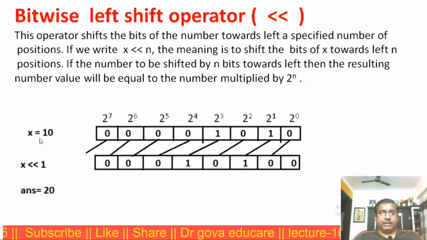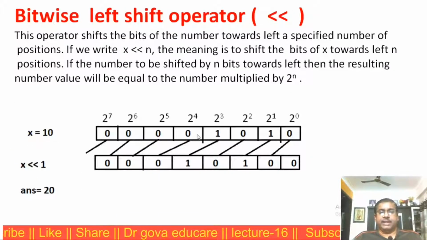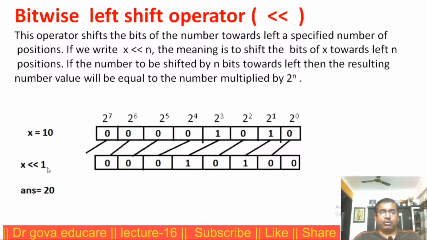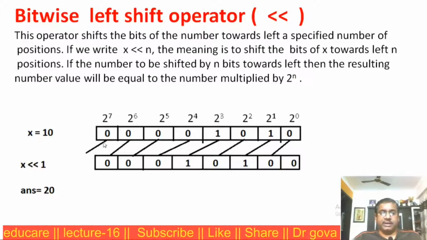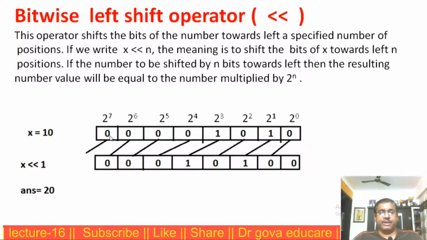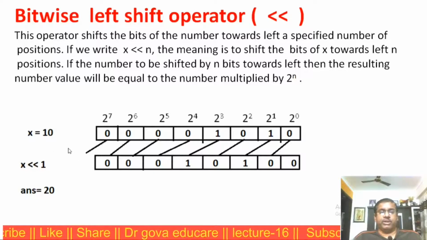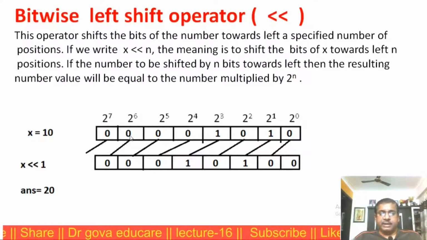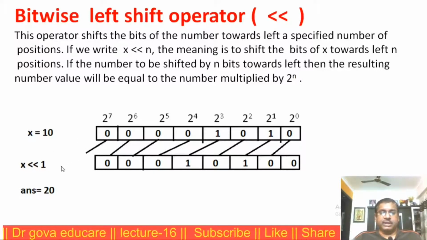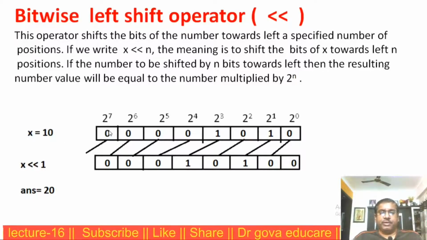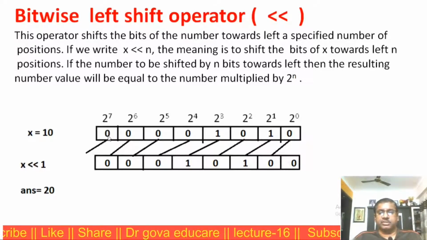For example, x equal to 10, in 8-bit representation. I want to shift 1 bit to the left. Now I am shifting 0 in this position. When we shift these bits to the left, the MSB bit of x equal to 10 will be lost.